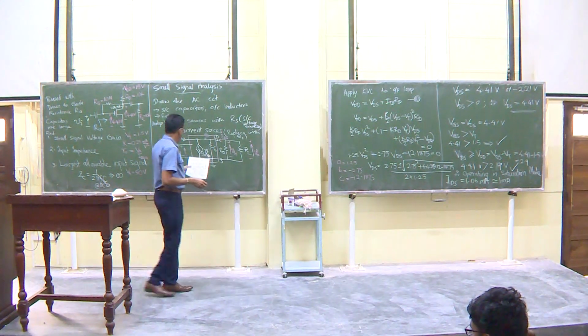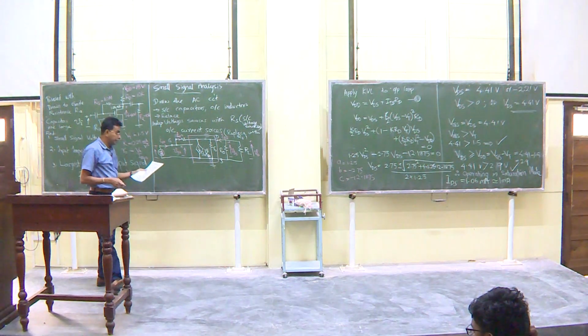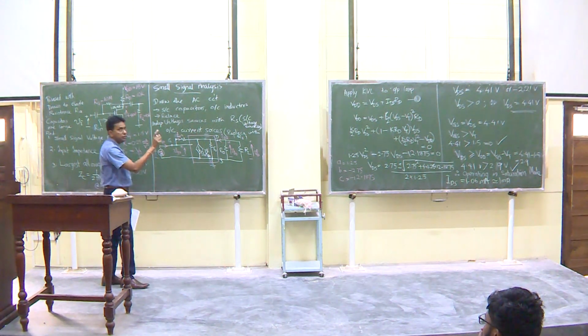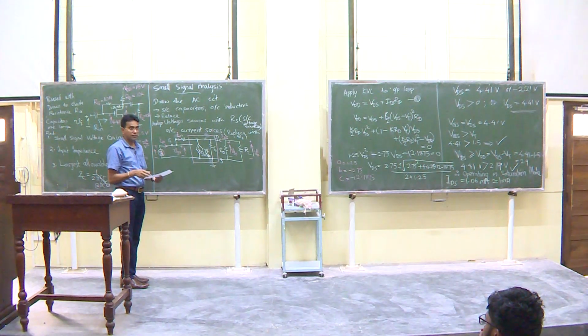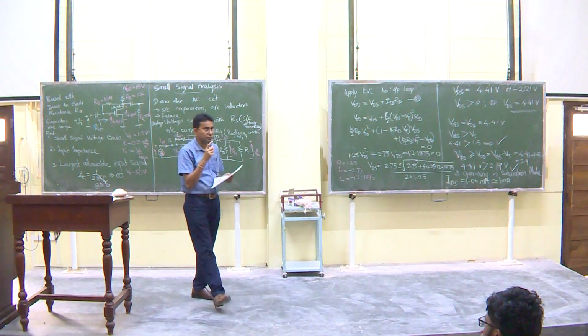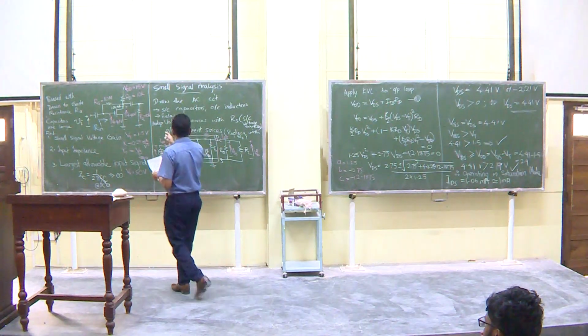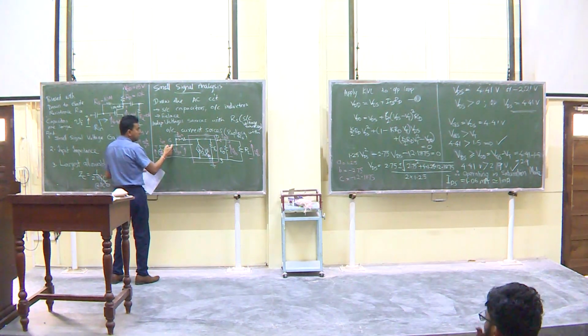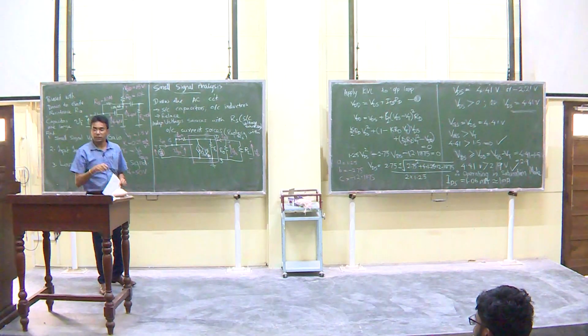So we know a relationship between ID and VGS, ID and VDS, but VDS is the same as VGS. So therefore, wherever you have VDS, we can replace it with VGS. But that is only for DC. But here if you look at this, D and G, there is a resistor in between and there is a current.